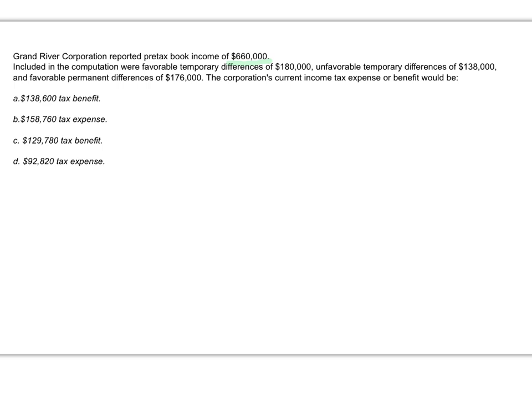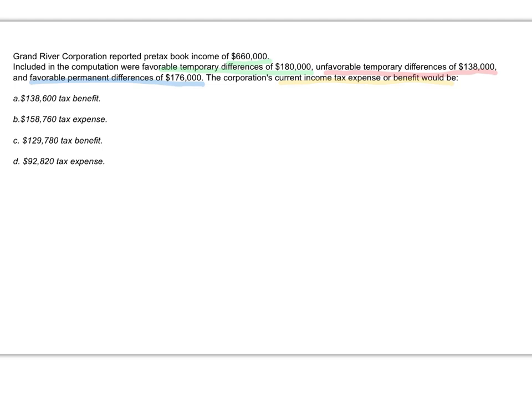Included in that computation were favorable temporary differences, unfavorable temporary differences, and favorable permanent differences. What it's asking us to compute is current income tax expense or benefit.